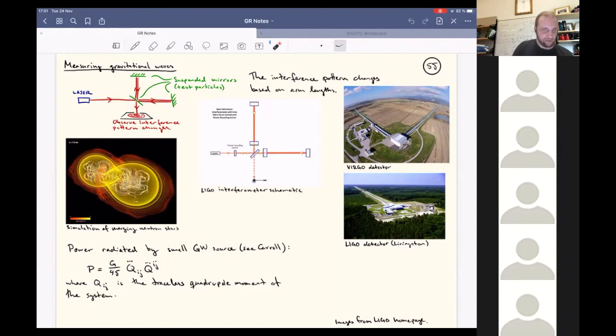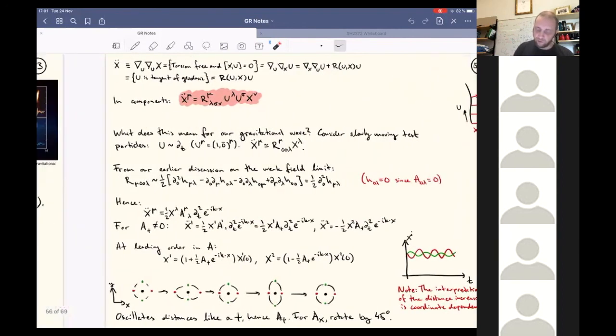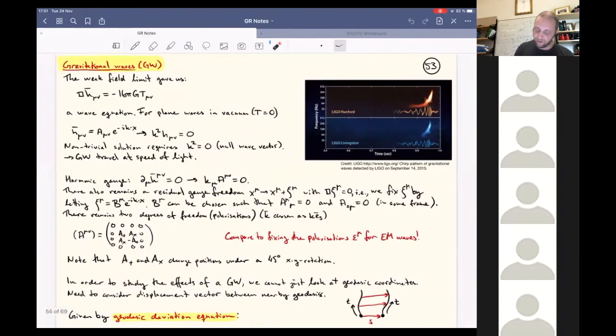But these are really intricate experiments, and if you remember a few years back, like 5 years back, the LIGO collaboration measured something like this, which was essentially the end stage of a merger of two black holes. This was the first gravitational wave measured. And if I remember correctly, this had an amplitude of something like 10 to the minus 21.